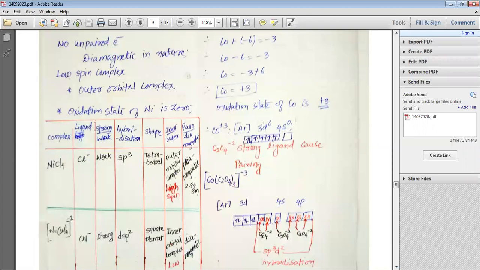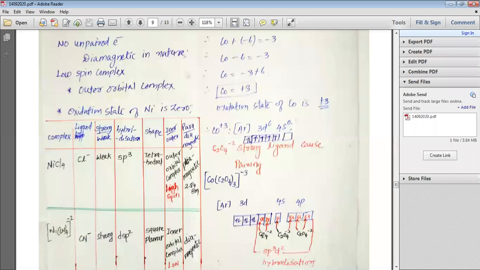There are 6 electrons present in 3d. C2O4 2- is a strong ligand which causes pairing, and that is why in [Co(C2O4)3]3-, the pairing takes place. So in 3d we have 3 orbitals completely filled and 2 orbitals vacant.